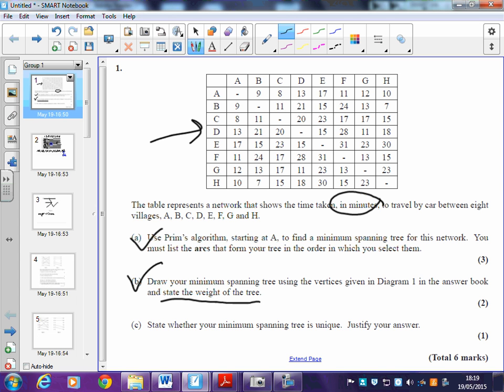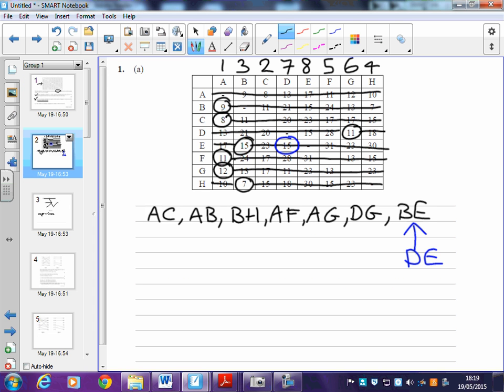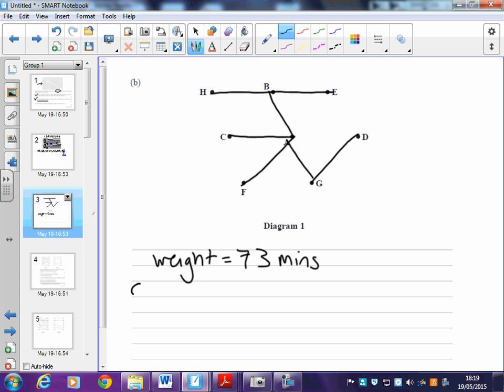Okay, part C asks if my minimum spanning tree is unique, justifying my answer. Now, the minimum spanning tree will be unique if you had to choose that arc every time when you were doing the algorithm on the matrix, the Prim's algorithm. We can see that for our very last arc we selected, we chose BE, but we could have chosen DE as well. So that means that it's not unique because either of those is a correct solution. So part C, don't forget to label it as part C. No, it is not unique.